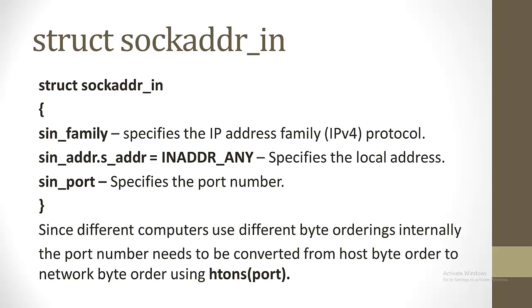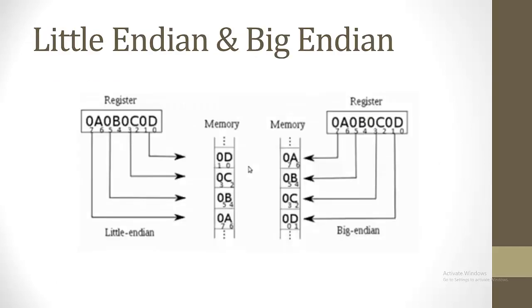htons is nothing but host to network short. So if you want to understand what is this host to network short, we need to learn about Little Endian and Big Endian. And if you see this diagram over here in Little Endian, this is a particular address or any hexadecimal digit. Imagine we have 0A, 0B, 0C and 0D, and the digit positions start from 0, 1, 2, 3 from right to left.